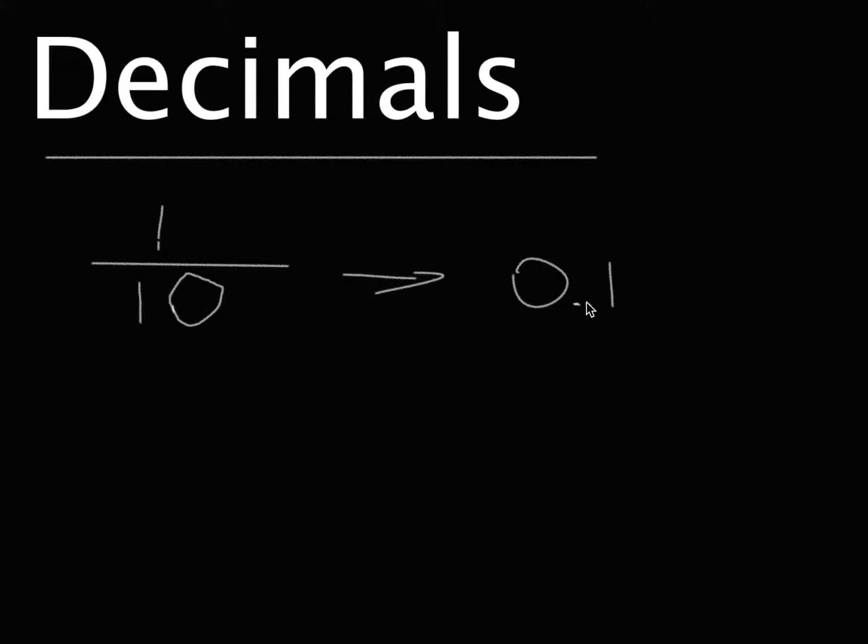So 0.1 is a decimal. If I took 3 out of 10, that will convert to 0.3.